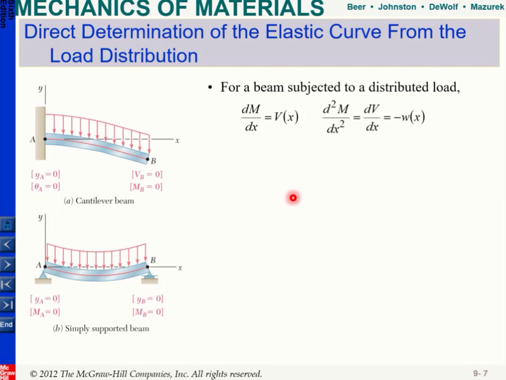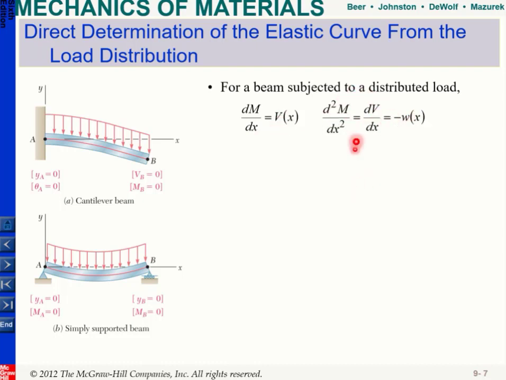Another thing is, previously we learned that dM/dx is equal to V(x). So if you take the derivative of the moment with respect to x, you will get the shear. And you know that if you take the derivative of shear, you will get the distributed load. So these are the things that we got before, which means I can also use this equation.